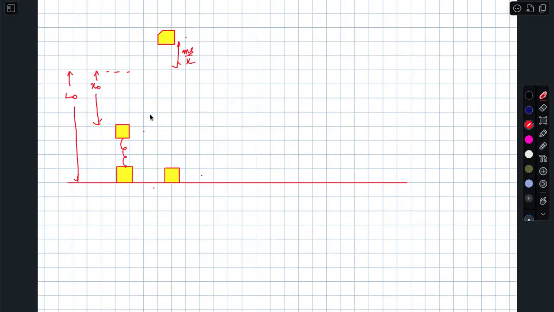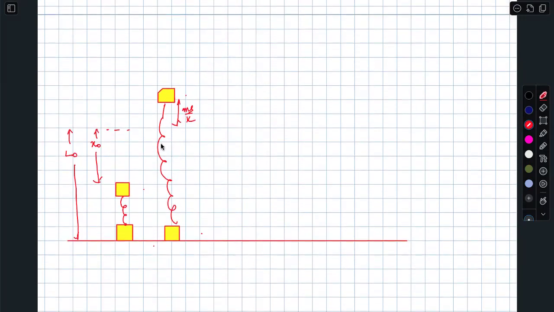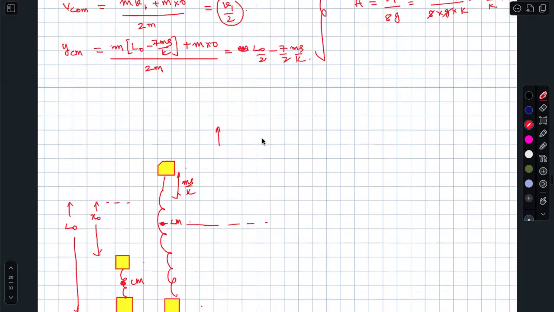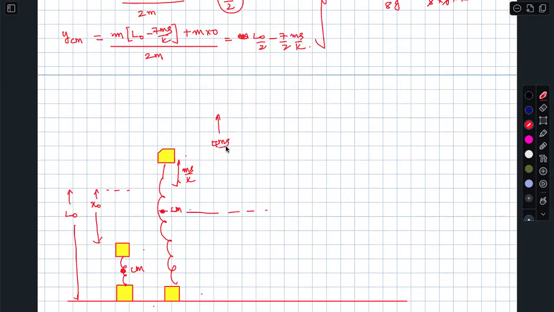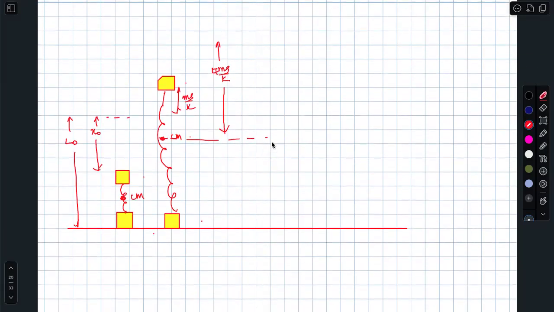From this stage to this stage, somewhere you have the center of mass here. From this stage, you have identified that the rise is 4 mg by k. Very simple. Remember, from this stage to this stage, it is actually 8 mg by k.